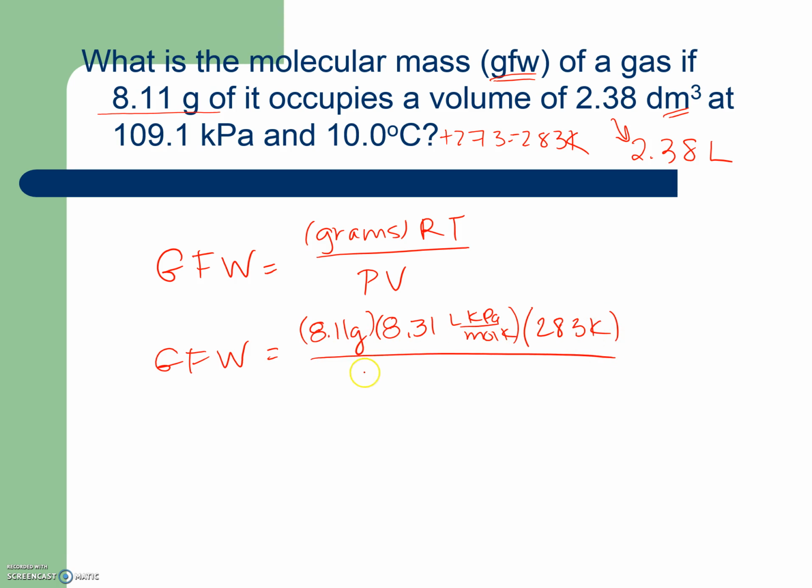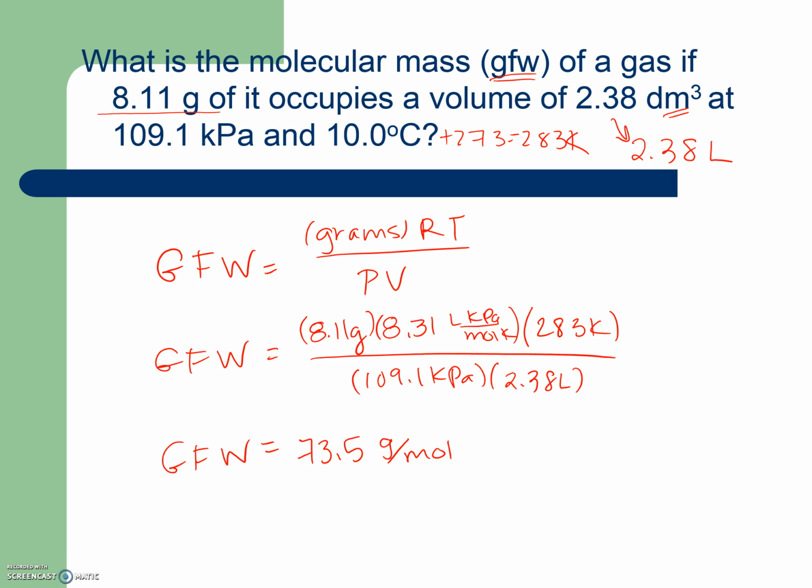My pressure is 109.1 kPa. And my volume is 2.38 liters. So go ahead and type that into your calculator and see if you can calculate the gram formula weight. Did you get 73.5 grams per mole? If you did, then you are correct.